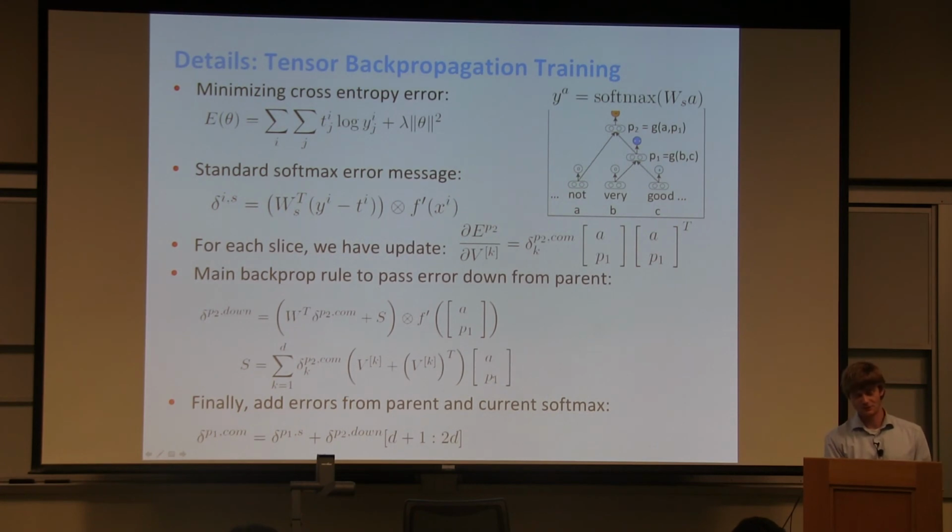So this part is the new piece that, as you go through all this math, comes out. And then again at the end you'll have the delta that comes in at the softmax at this node plus that one from your parents, and you propagate that down the tree.